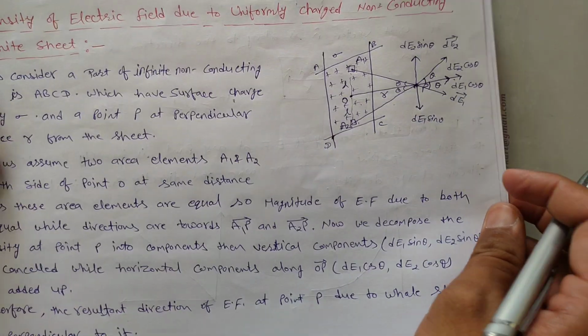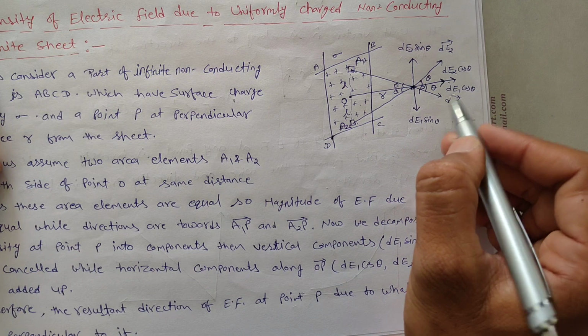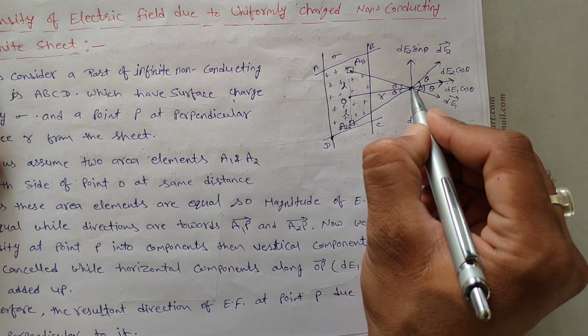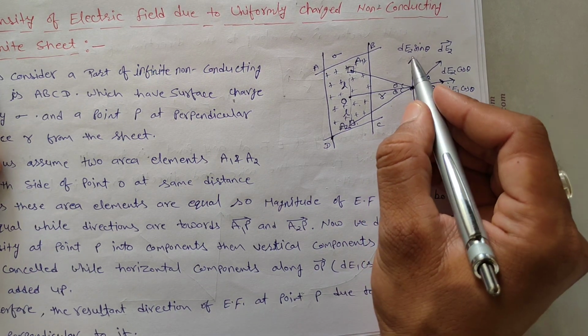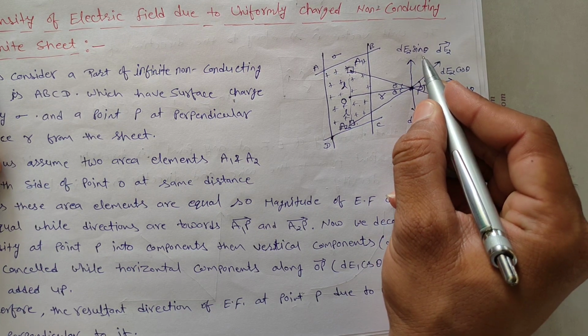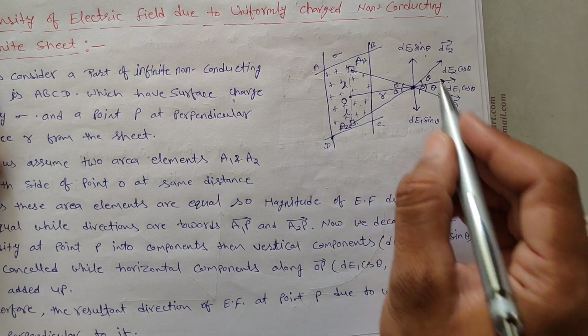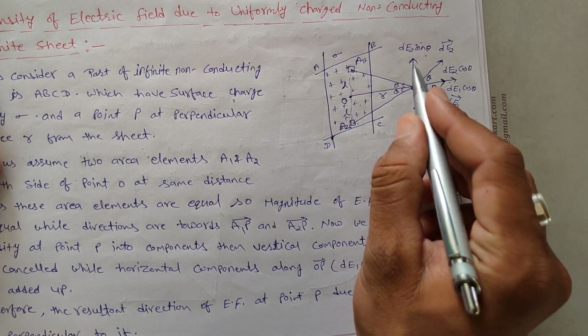So the vertical components of the electric field intensity at point P, DE1 sin theta and DE2 sin theta, get cancelled out because they have the same magnitude and opposite direction.